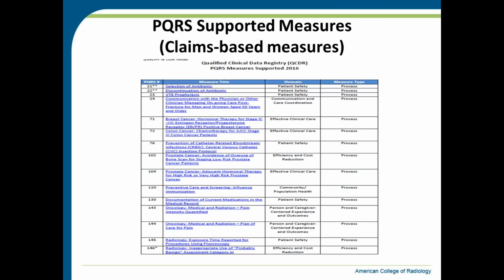And like I said, PQRS changes annually, so we hyperlink the reporting instructions for each measure so that a radiologist, practice, administrator, or biller knows exactly what the changes are in the measure description, as well as the CPT codes. For claims-based measures, everything is very much driven by CPT coding and billing, so we make that available.